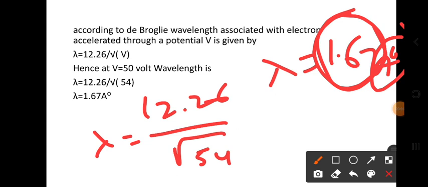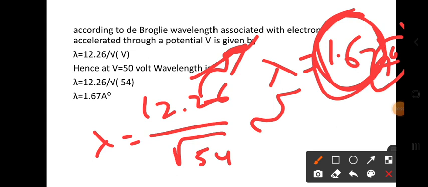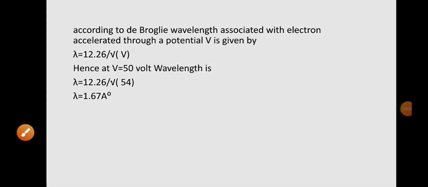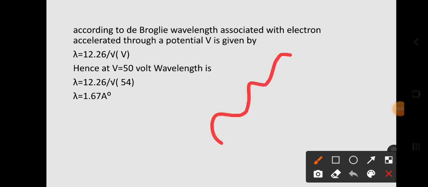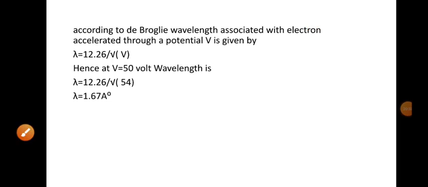When an electron moves, it has an associated wavelength, and experimentally they calculated 1.67 angstroms. So this proves that electrons behave as waves when they are accelerated. So this is the total experimental detail.